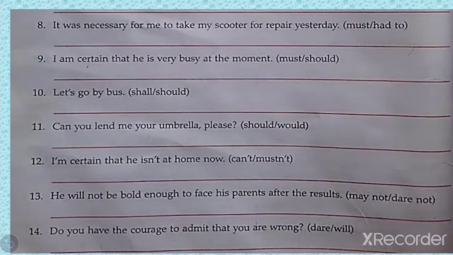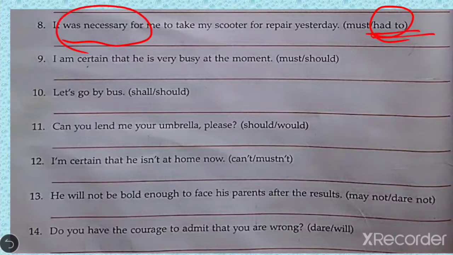Now look at the eighth sentence. It was necessary for me to take my scooter for repair yesterday. Now, yesterday and necessary, so here what will come? Had to. For this word necessary, we are using had to, so we will not repeat this word once again in our sentence.